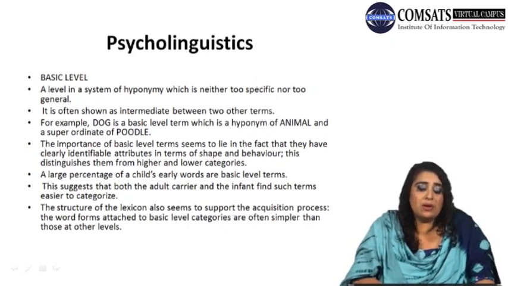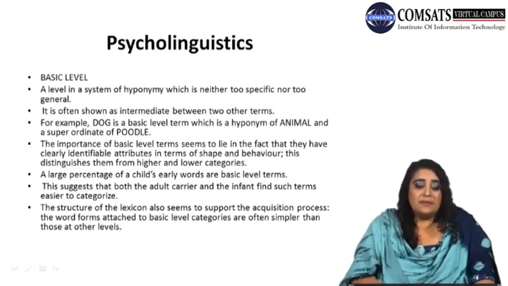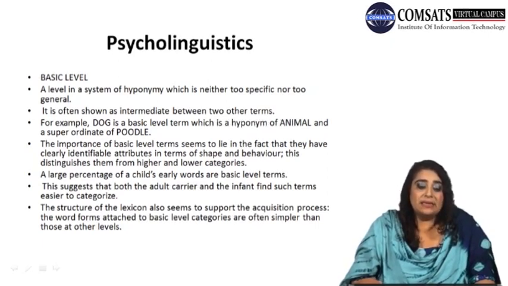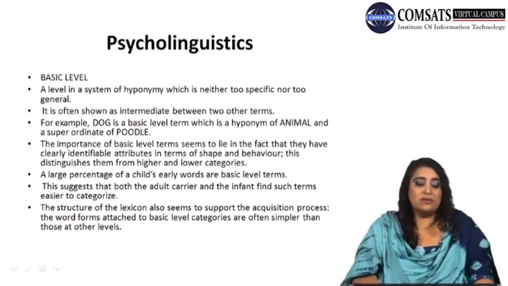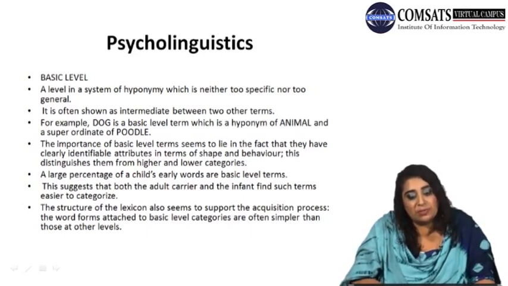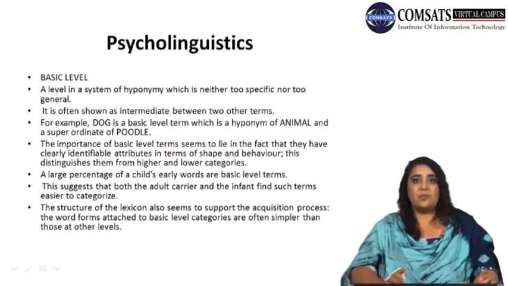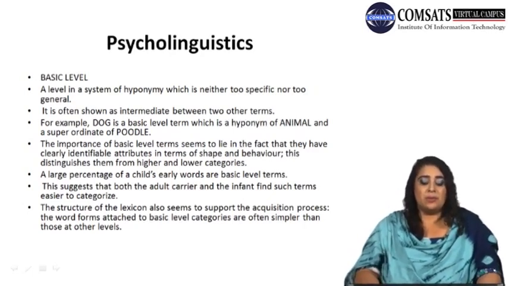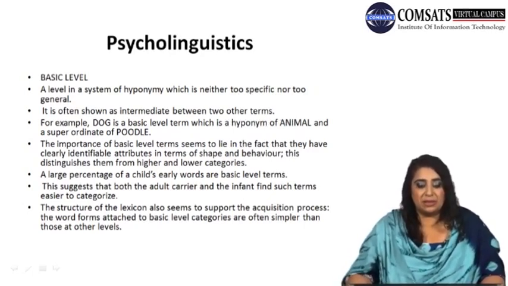So now, when we go ahead and see the basic level, it is a level in a system of hyponymy which is neither too specific nor too general. Now, it is often shown as intermediate between the two other terms. So it's maybe a center point or a middle point between the two things.